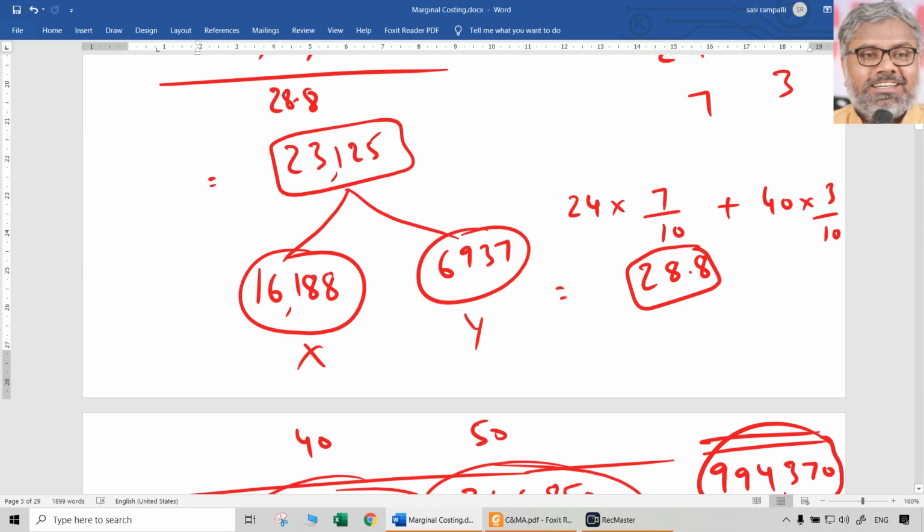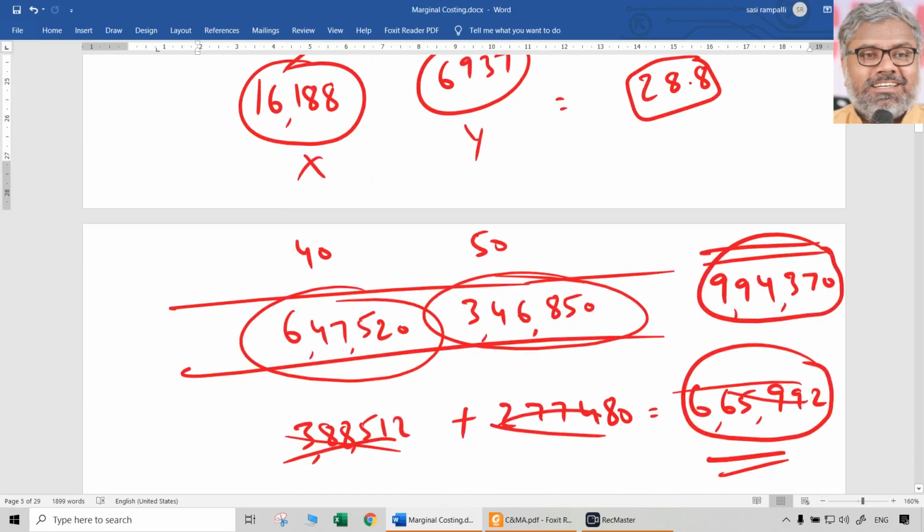That 23,125 does not represent anything practically. For that we need the number of units individually for each product. So you have to say 16,188 units of X and 6,937 units of Y have to be sold next year, so that there are sales of 6,47,520 rupees from X and 3,46,850 from Y, so that there are total sales of 9,94,370.